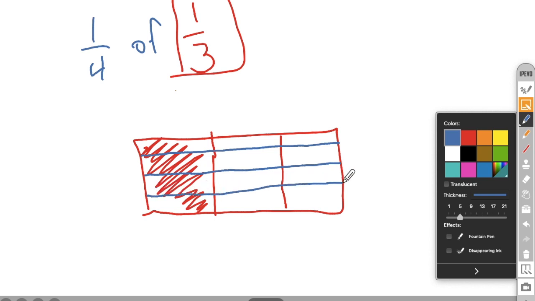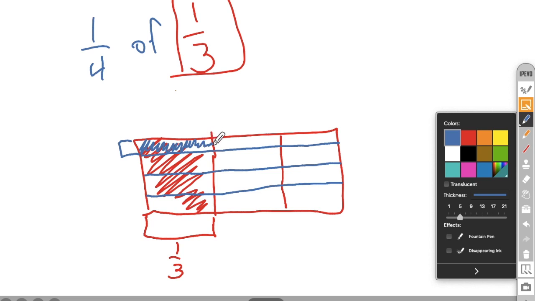And that gives me 4 new parts. So here is where my 1/3 was. And if you are looking at one of those 4 new pieces that you just made, how much is this little piece worth?